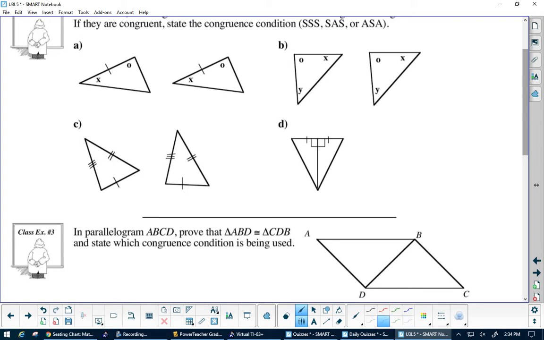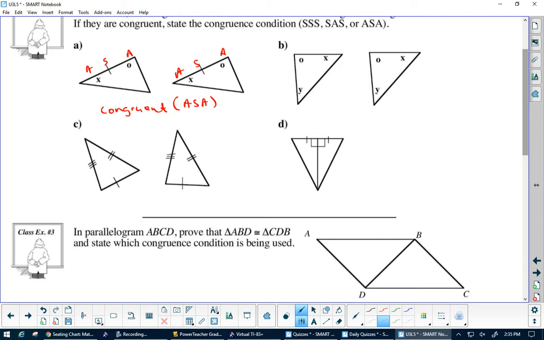Yeah, well, this goes X side O. This goes X side O. Even if these were mixed up, not that this triangle would look like this, that would still be fine. They still have the same angle, side, angle together. So this is definitely angle, side, angle, same angle, side, angle. So you would say they're congruent because of ASA.